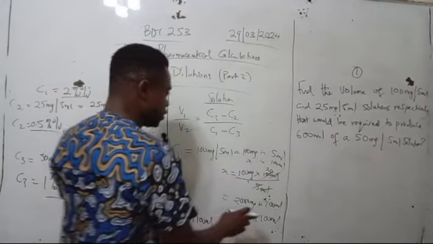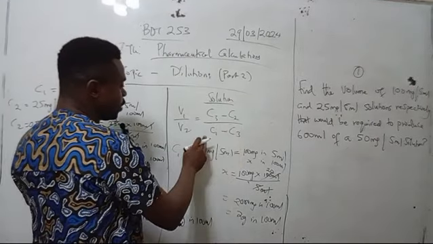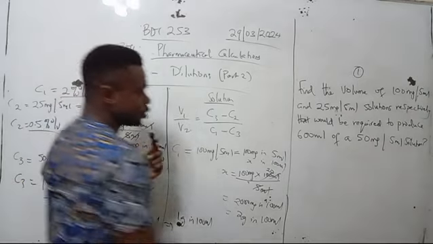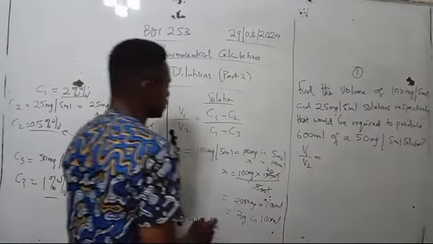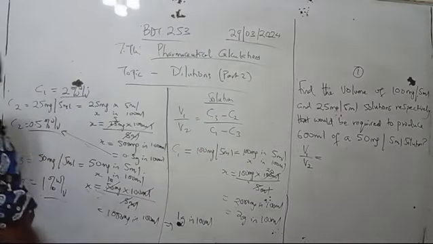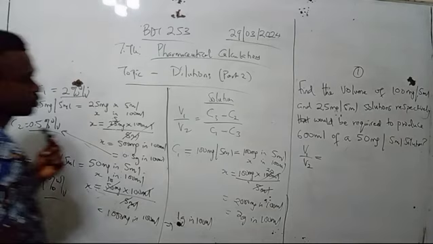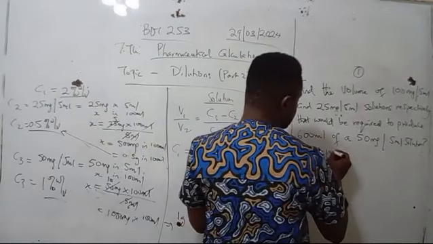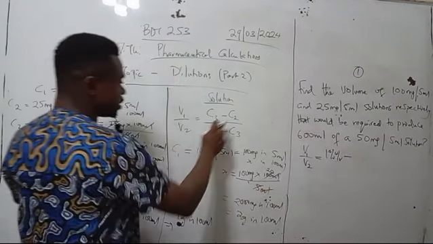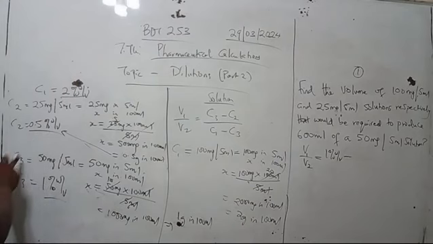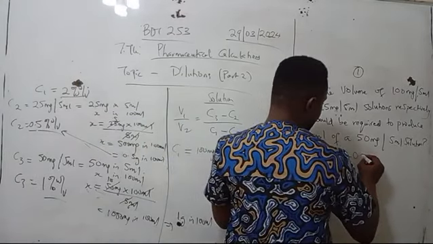C3 is 1% weight in volume, minus C2, which is 0.5% weight in volume, all over C1, which is 2% weight in volume, minus C3, which is 1% weight in volume.